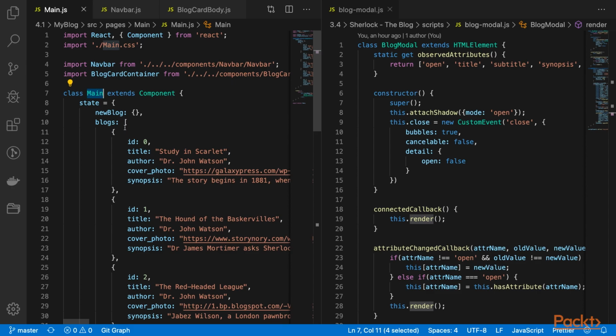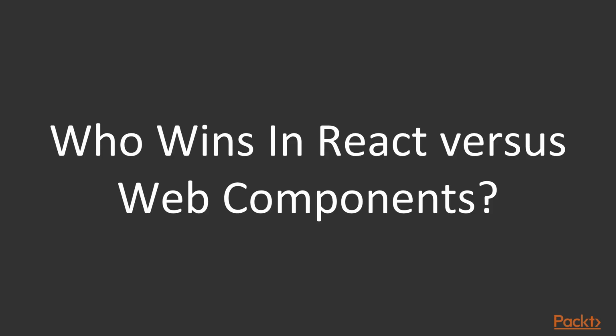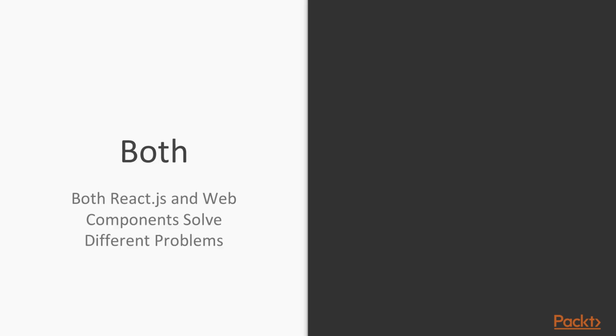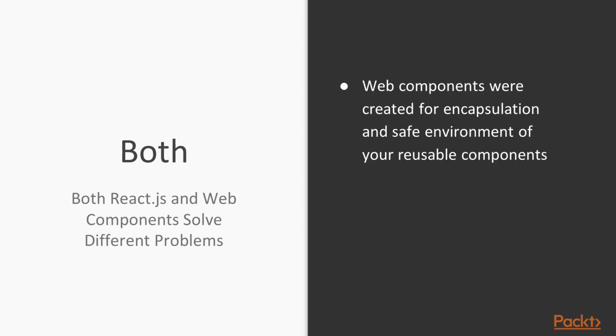So the question comes down to who wins in the battle between React and web components? And the answer is both. Both React.js and web components solve different problems. Web components were created for encapsulation, a safe environment of reusable components, which is the reason why we have Shadow DOM and a lot of encapsulation helping our components stay safe from the outside world.